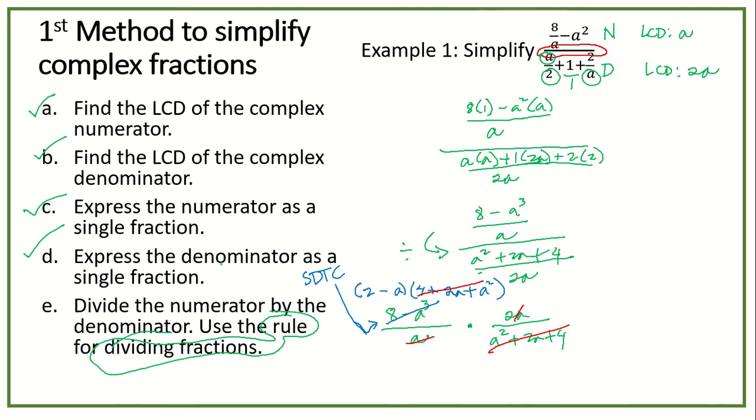That would just be 2 minus a, times 2. So, we distribute the 2. 2 times 2 is 4. 2 times a is 2a. The answer is 4 minus 2a.